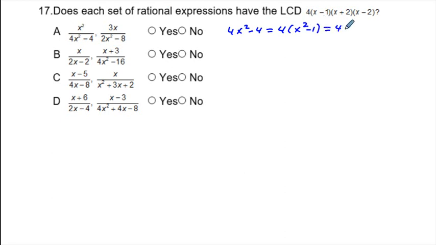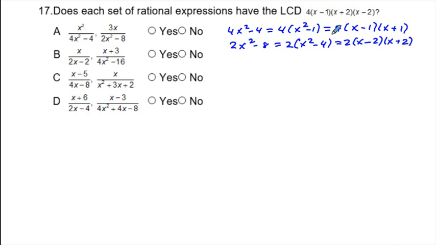So that's going to be 4 times quantity x minus 1, x plus 1. Okay, that's A. And then we have 2x squared minus 8 equals 2 times quantity x squared minus 4, which is going to be 2 times x minus 2, x plus 2.